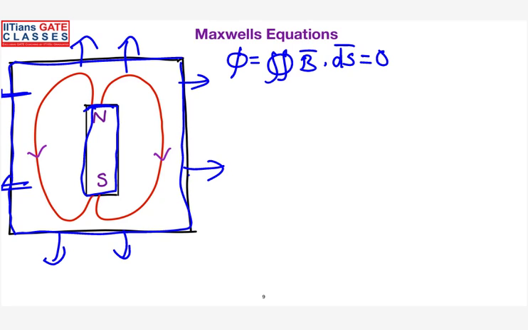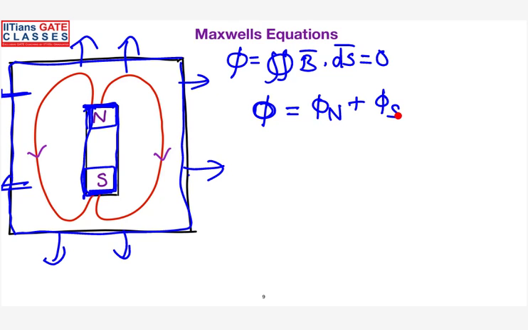Let me explain it in a different way. The total magnetic flux here, I can consider as the flux coming from the North Pole as well as the South Pole, because the North Pole is one source of magnetic field and the South Pole is another source. So the total flux due to any magnet is the magnetic field due to the North Pole plus the magnetic field due to the South Pole.